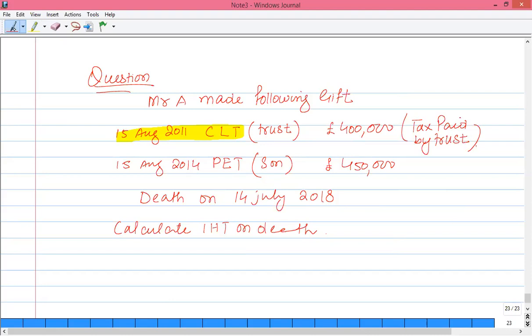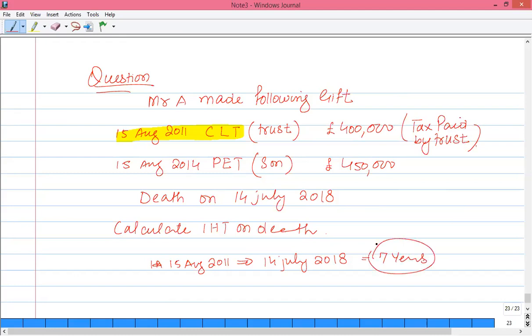In the year 11-12 we have to pay tax on the CLT. Comparing this date, 15th August 2011, with the death, 14th July 2018, there are exactly 7 years.